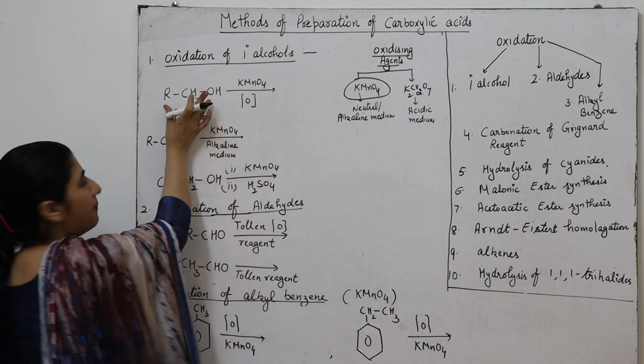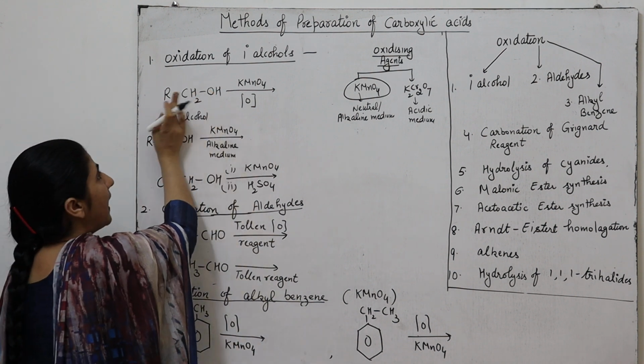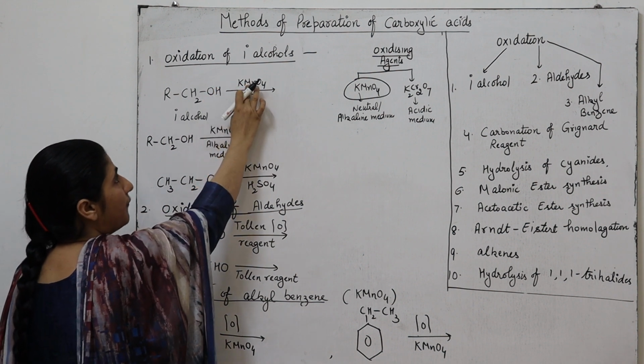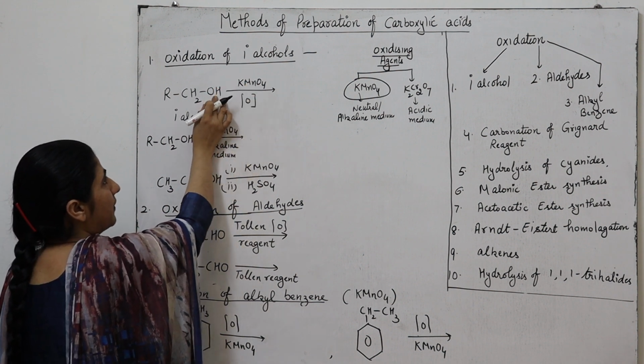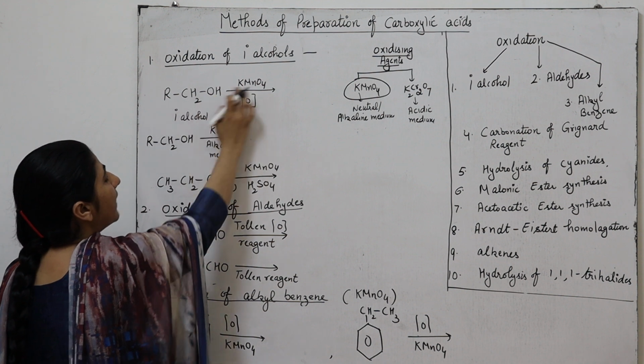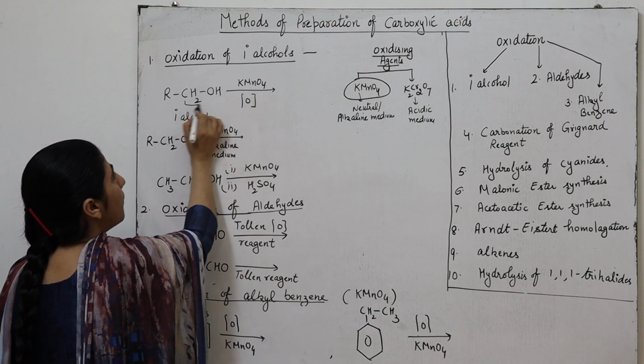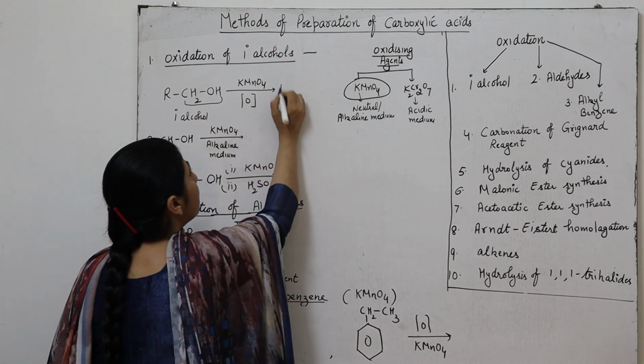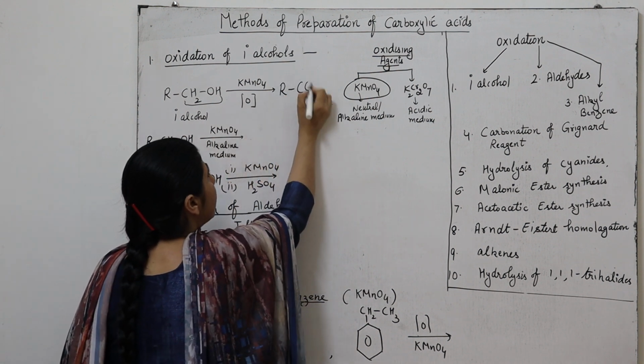Here we have a primary alcohol, with general formula RCH2OH. When it reacts with KMnO4, it undergoes oxidation, and the CH2OH group is oxidized to convert to carboxylic acid.